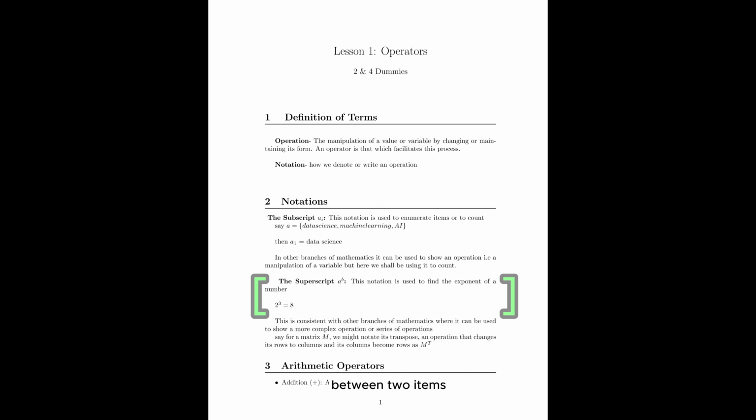But for this lesson, we are going to be using the subscript to show a kind of enumeration or to differentiate between two items. For the superscript, we have A raised to B. This notation is used to show exponentiation. So 2 raised to 3, or 2 to the power 3, is simply 8. 2 cubed is 8.